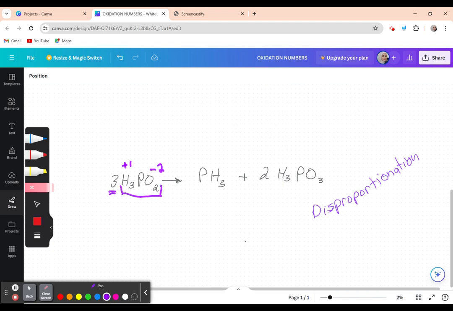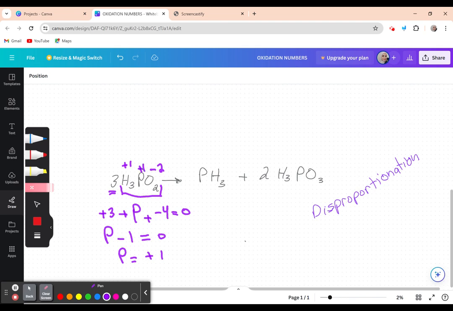So 3 hydrogens, 3 times +1, plus 3 between atoms, plus P, phosphorus, plus 2 times -2, which is -4, equals 0, because there is no overall charge given. So P - 1 equals 0. Phosphorus is +1, so write +1 over there.